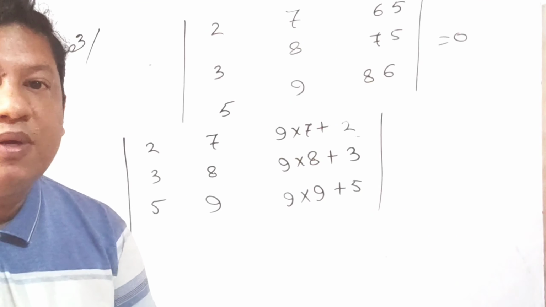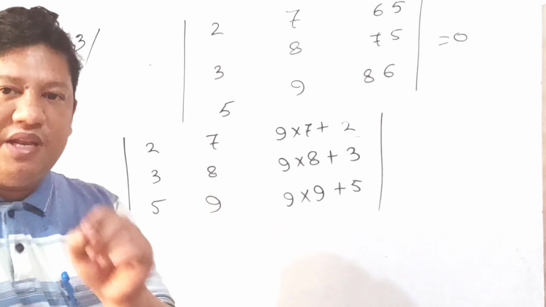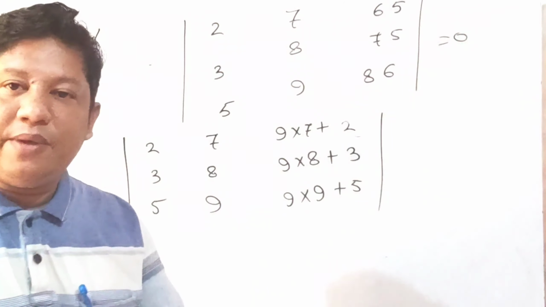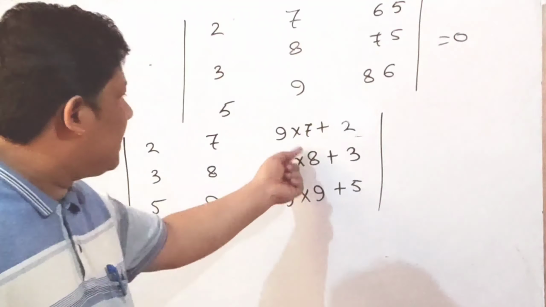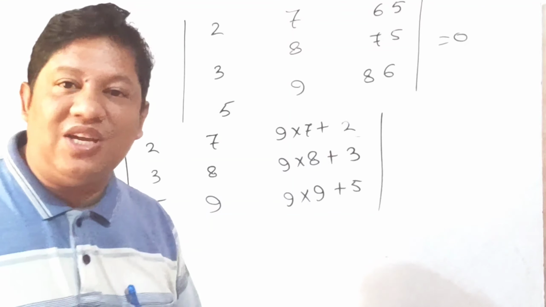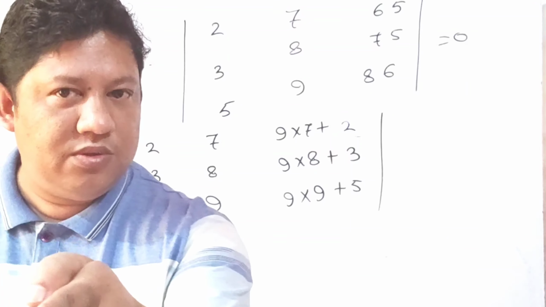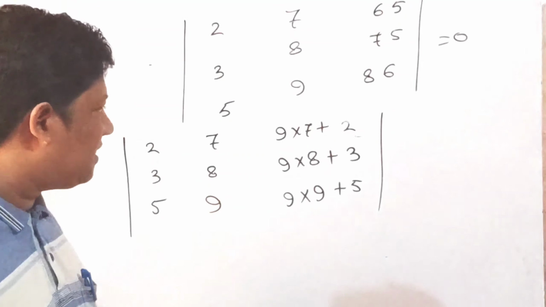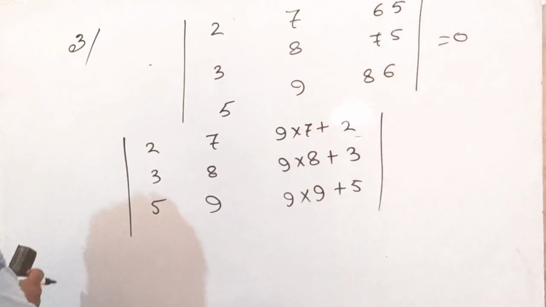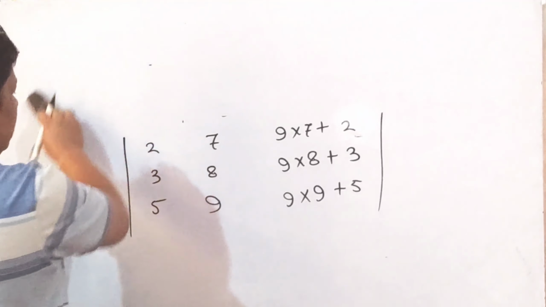Now, according to the properties of determinants, if any elements of a row or column are the sum of two elements, then the determinant can be expressed as the sum of two determinants. That is why you can write like this.